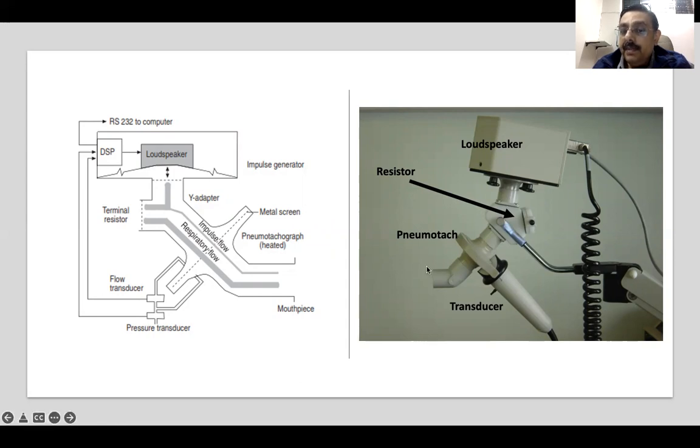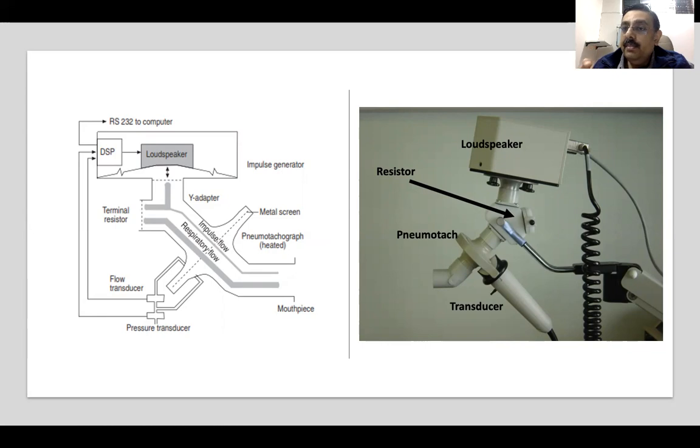Now, the patient, the child, holds on to the mouthpiece and is breathing. And what this pneumotac is going to catch is a superimposed tidal breathing of the child on the noise of various frequencies, right?